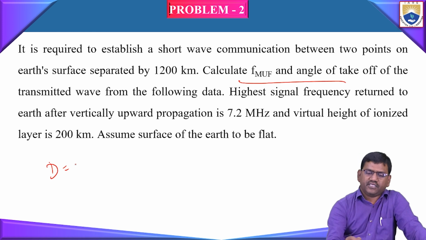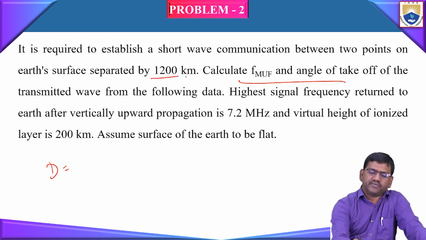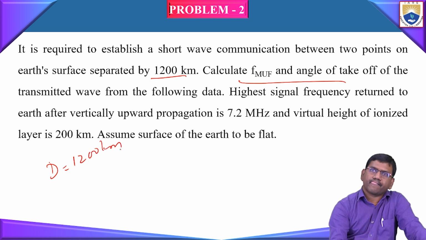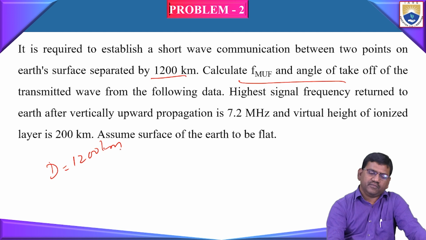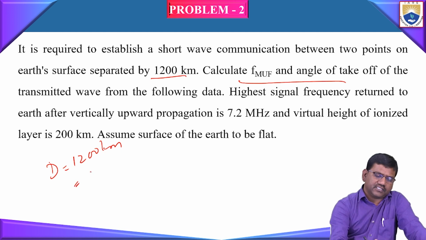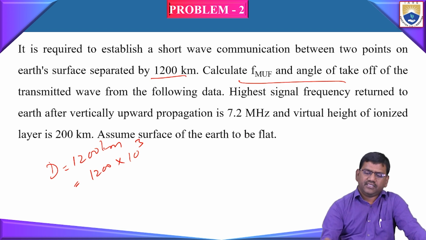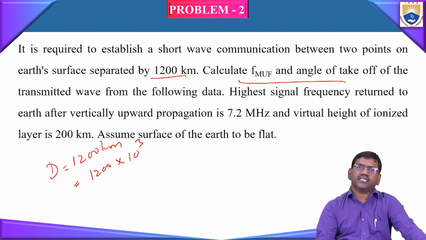According to the given data, the distance between the two stations is D equal to 1200 kilometers, which we can write as 1200 into 10 power 3. Similarly, the highest frequency which is returned to the Earth when we transmit the signal vertically upward is called the critical frequency.